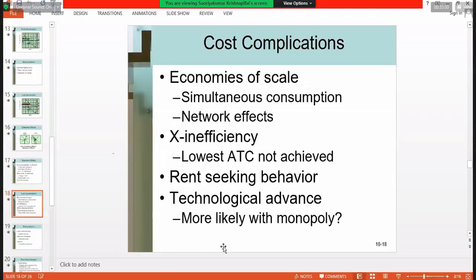Small firms cannot enter or compete with this large firm. They are producing at the lowest cost because of economies of scale. Economies of scale mean that when we produce more and more, average total cost decreases. That is one reason for monopoly.